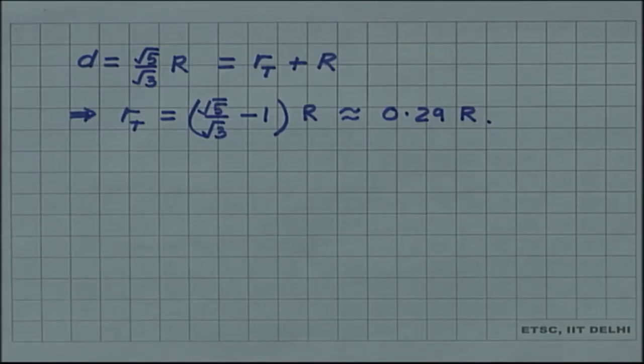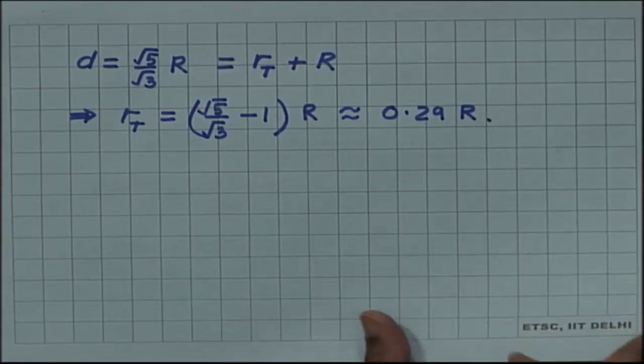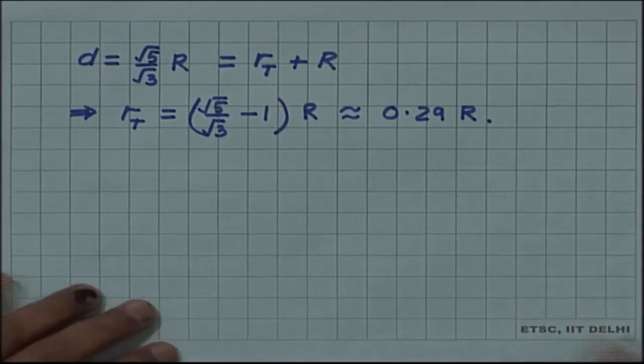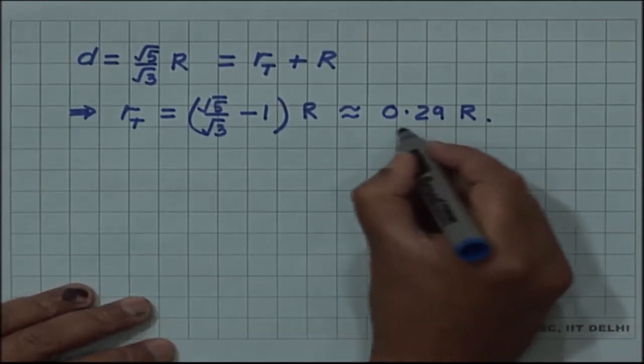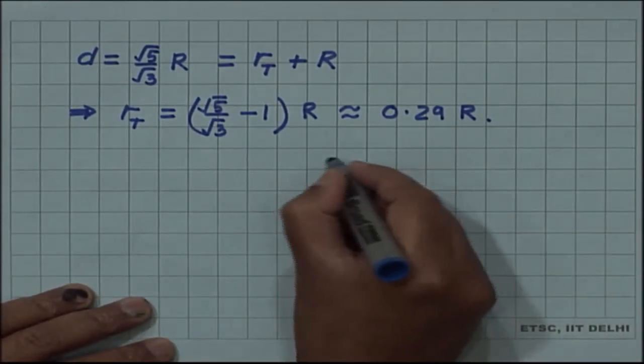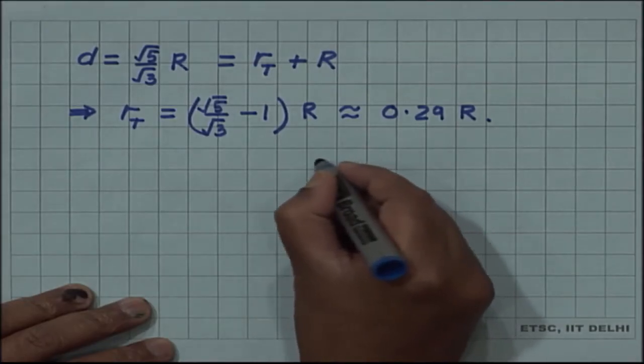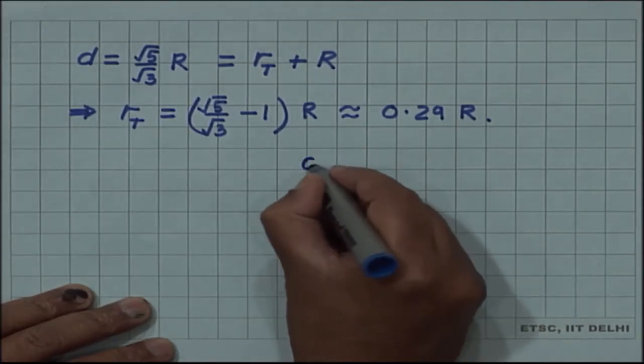So, we have calculated the size of the tetrahedral void, and we have also found the number of tetrahedral voids per atom and per cell in the crystal. This is slightly larger, remember, than for cubic close packed or hexagonal close packed.